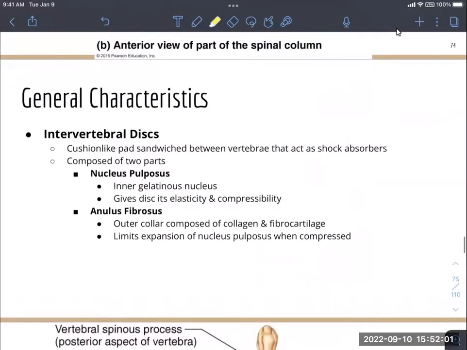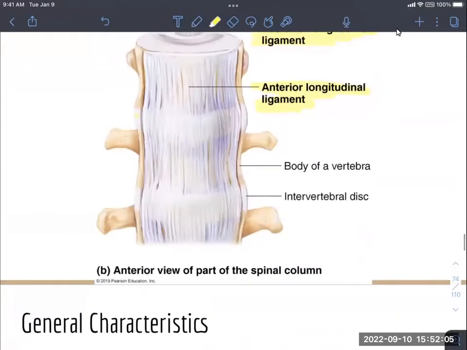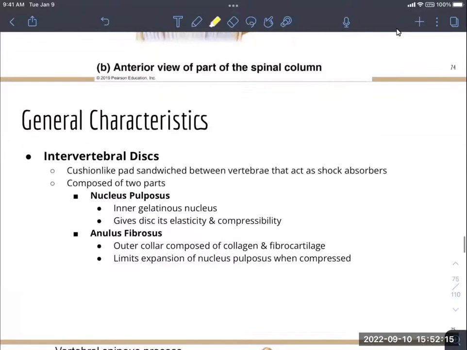We also have intervertebral discs. These discs are this area right here between each vertebra, and they work as a shock absorber. They have the nucleus pulposus. If you think nucleus, it's more towards the center.